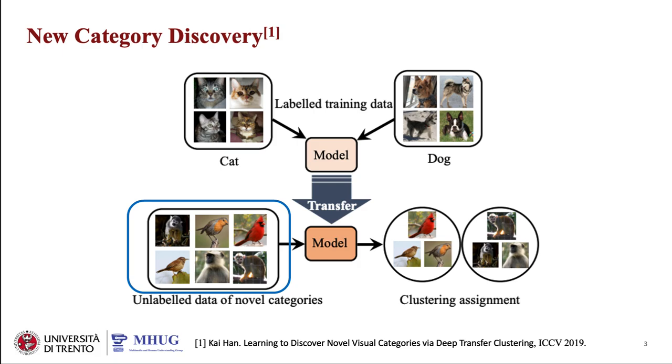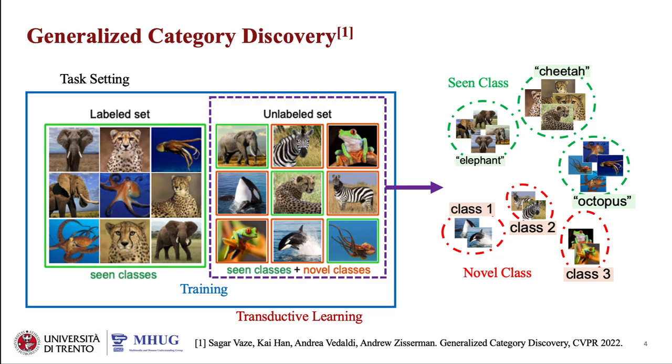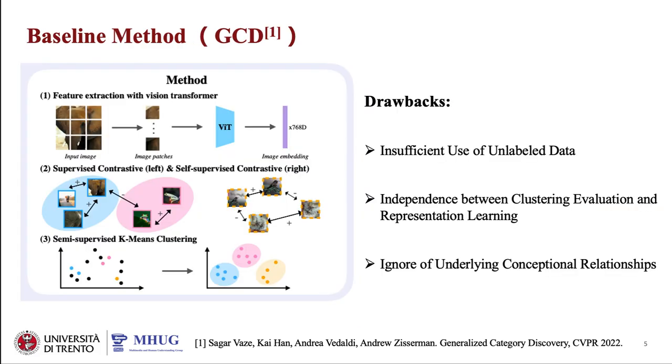However, it assumes that all the unlabeled data are from novel categories, which is not practical in real-world applications. Therefore, last year, they proposed a more practical task, namely GCD, which assumes that the unlabeled data come from both seen and unseen categories. In their paper, they also proposed a baseline method for the GCD task.